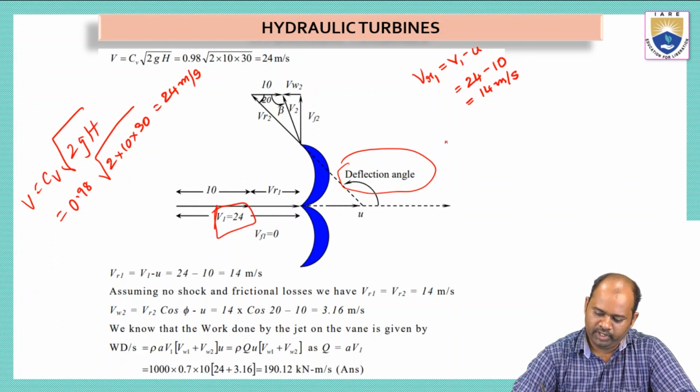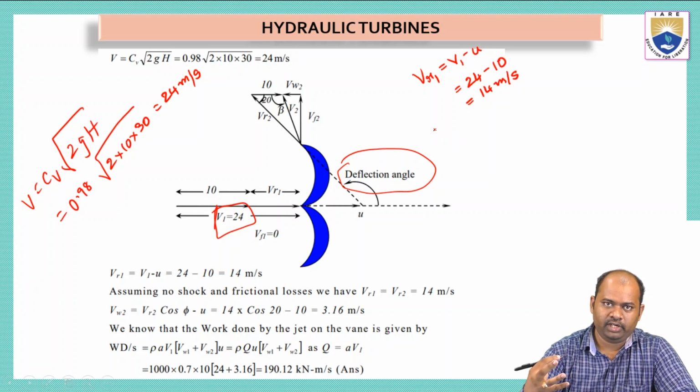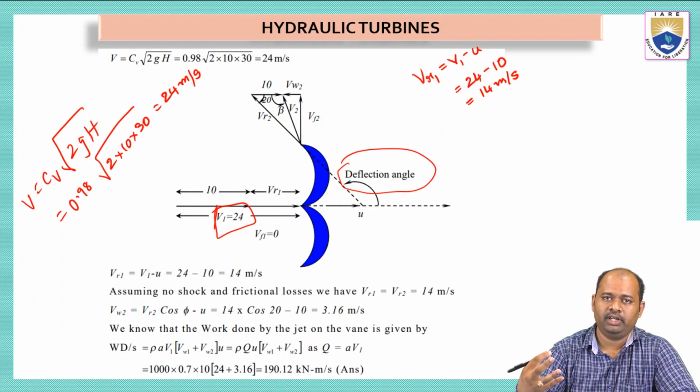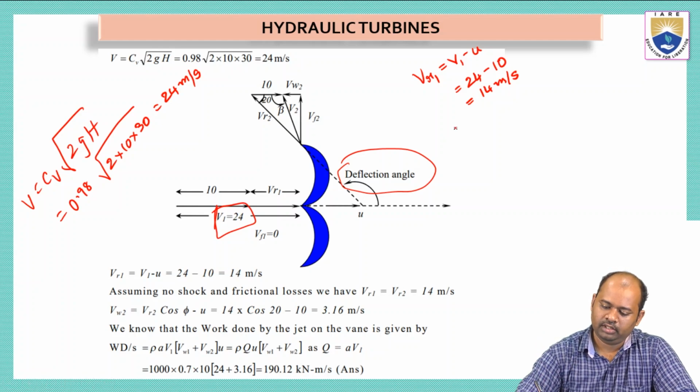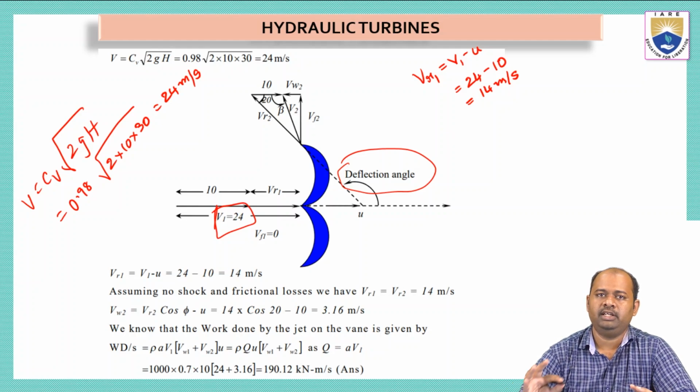And then VW2. If you want to calculate the whirl velocity at outlet, before that, when VR1 is calculated, we have to calculate VR2 immediately. Here in this question, we are assuming that the turbine vanes are completely frictionless.